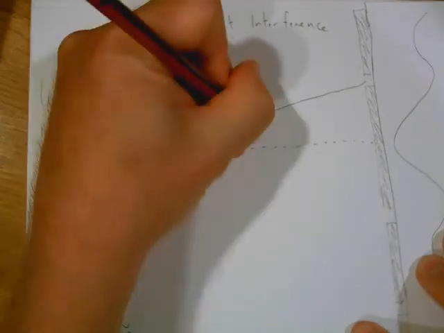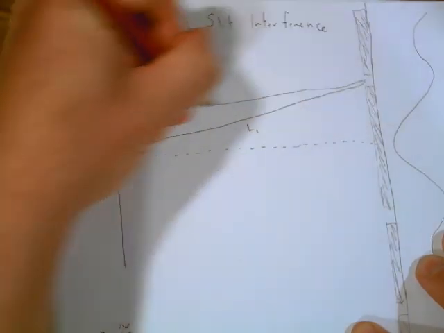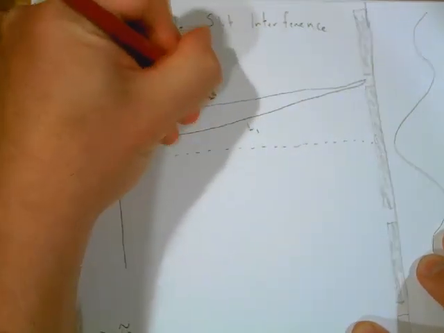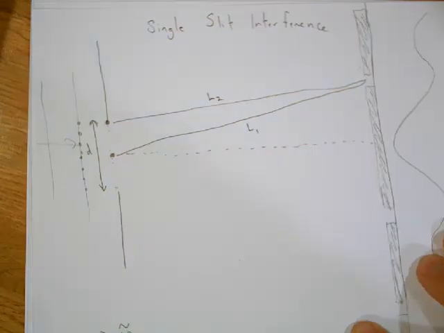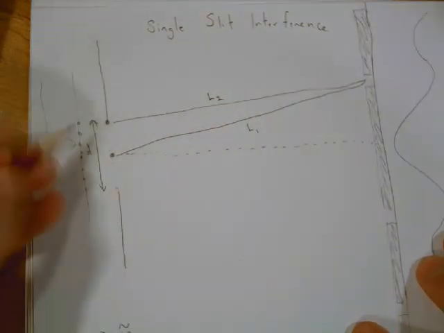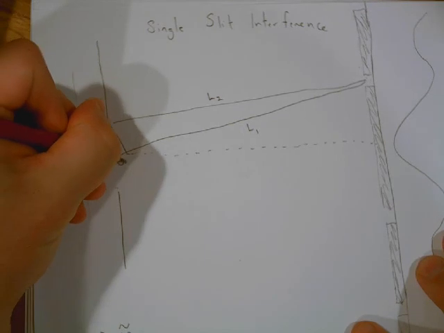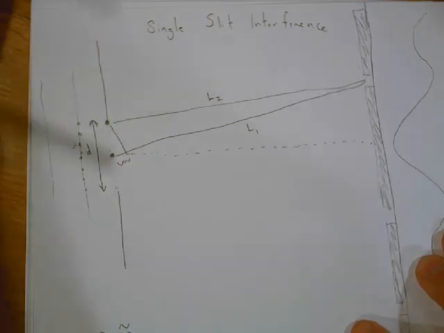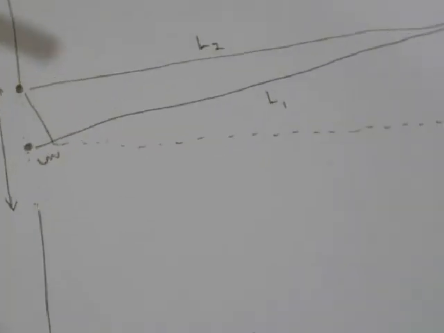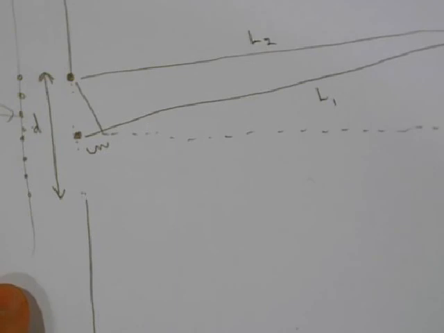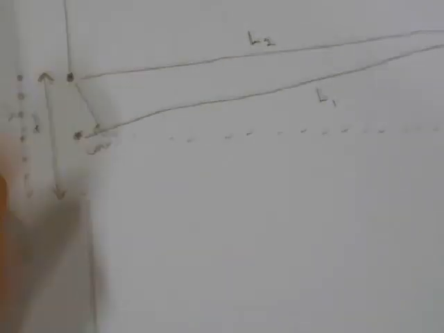I'll call this L1, and then if I draw another straight line, I'm going to call that L2. And then if you look, the path difference would be that little piece. Let me zoom in. Does everybody see it?